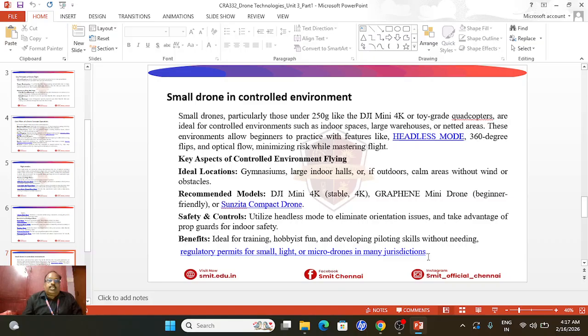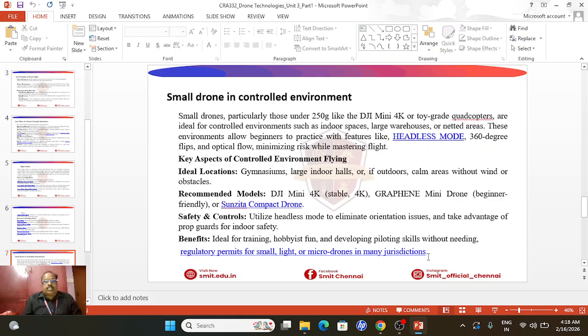Next, a small drone in a controlled environment. Particularly those under 250 grams, like the DJI Mini 4K or toy-grade quadcopters, are ideal for controlled environments such as indoor spaces, large warehouses, or netted areas. These environments allow beginners to practice with features like headless mode, 360-degree flips, and optical flow, minimizing risk while mastering flight.